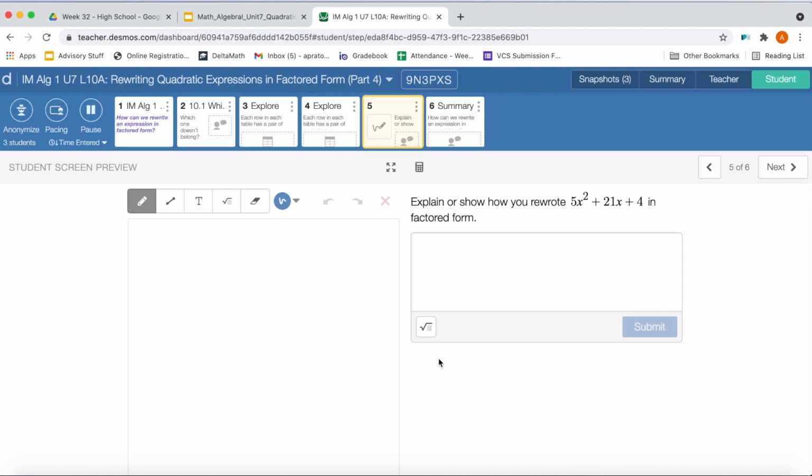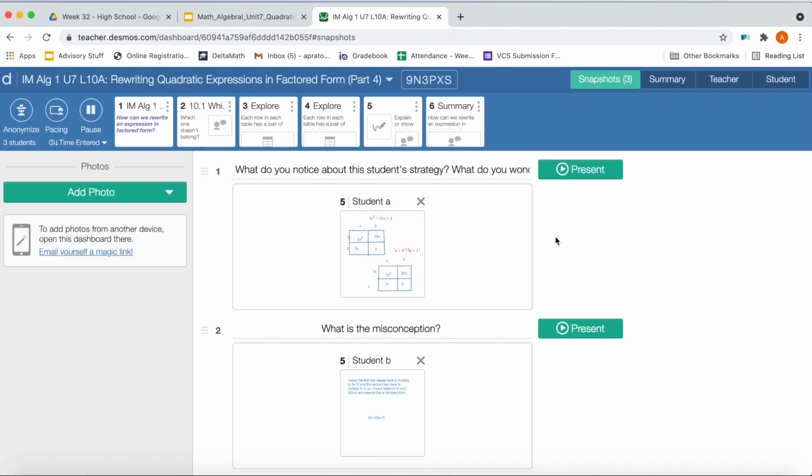I can choose work. Like I said, I'm choosing to feature misconceptions, because for this lesson I'm less worried about the different strategies right now and more about really clarifying misconceptions that exist about factoring when a is greater than 1. I'll show you the misconceptions that can arise. I snapshotted three students' work, and I first featured the correct strategy and then I featured two misconceptions.